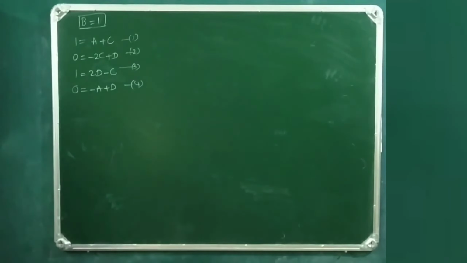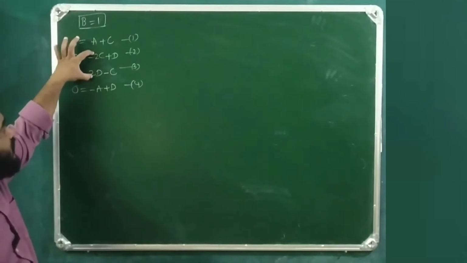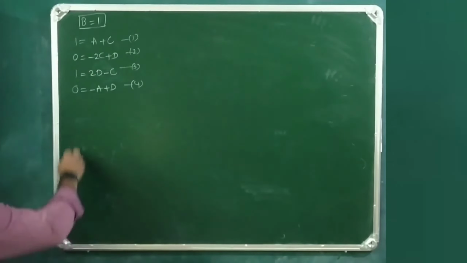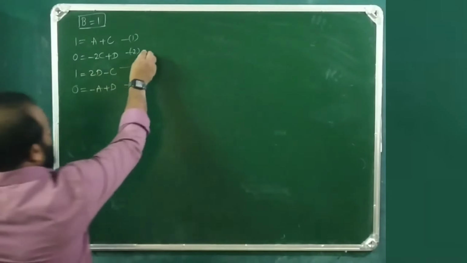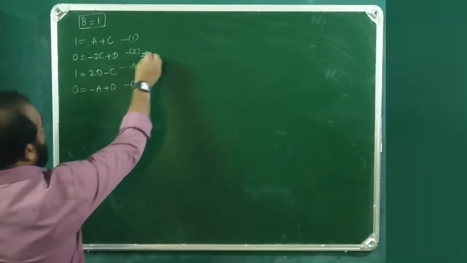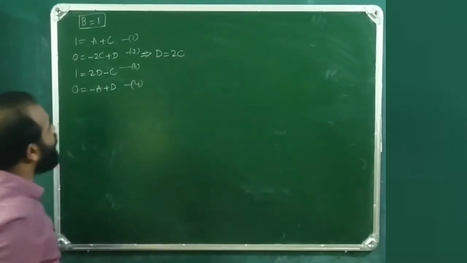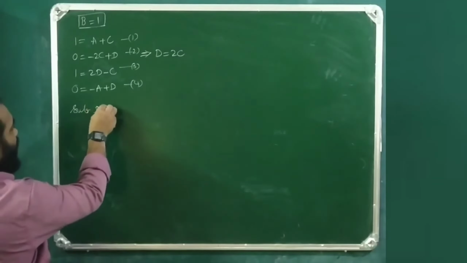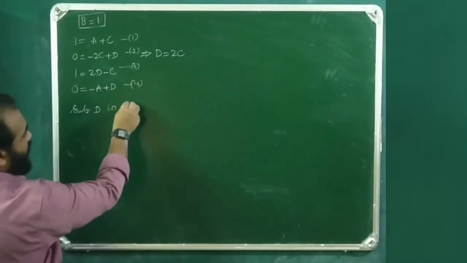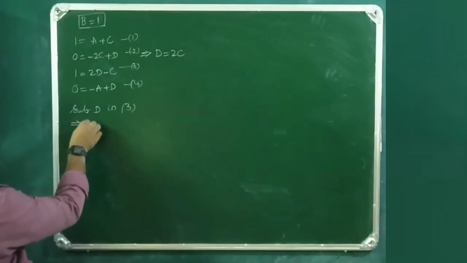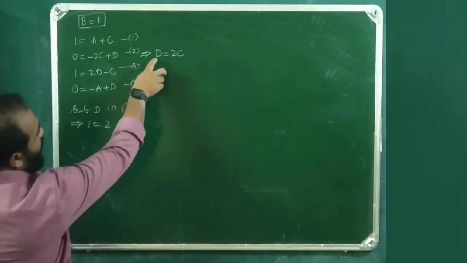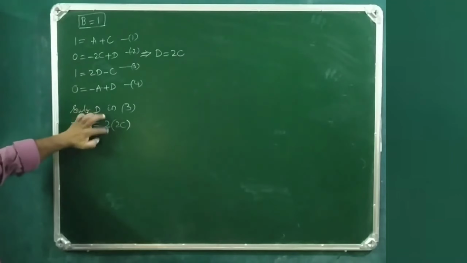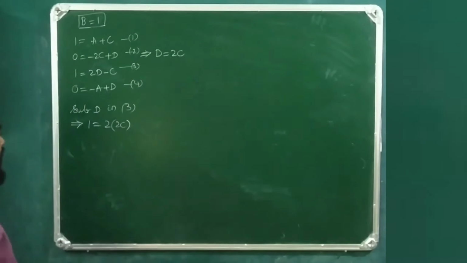Here 2 and 3 are the simultaneous linear equations in c and d. So from this, d equals 2c. Substituting d in the third equation. So 1 equals 2 into d, value is 2c, minus c.